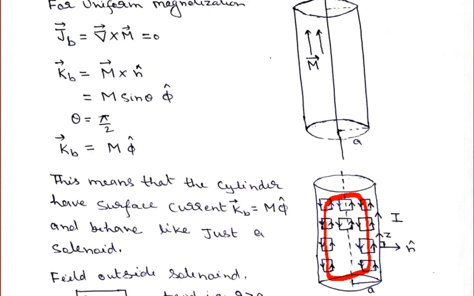But the surface bound current density Kb remains, forming a current I. Kb can be written as M vector cross the normal unit vector, so we can write M sin theta phi unit vector.